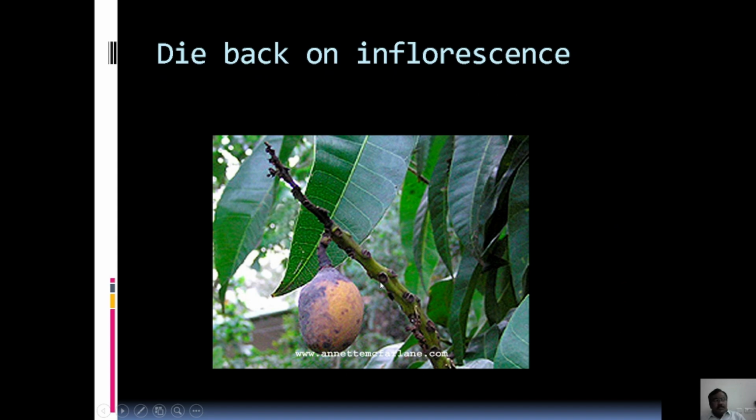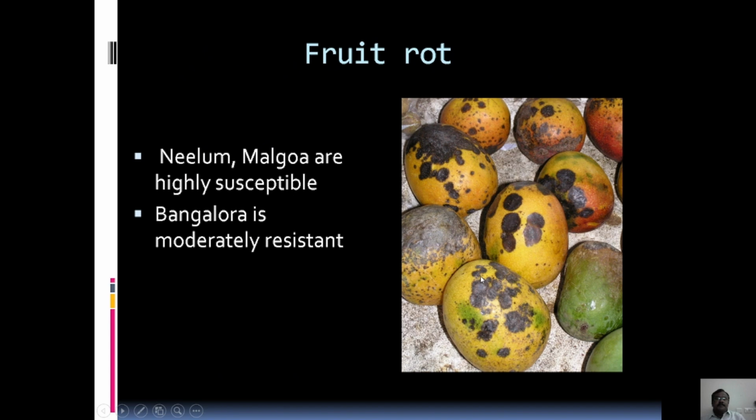The pathogen is also known to produce dieback symptoms of the inflorescence, with drying from tip downwards, and it also produces irregular or circular black lesions on the fruits, which later become sunken and cause deterioration of the internal pulp. Neelam and Malgova are highly susceptible to this infection, while Bangalore is moderately resistant.